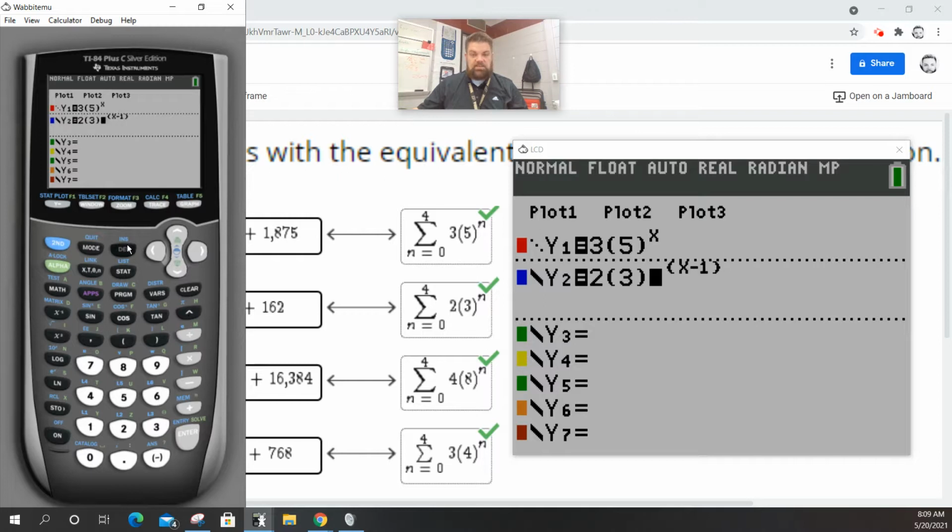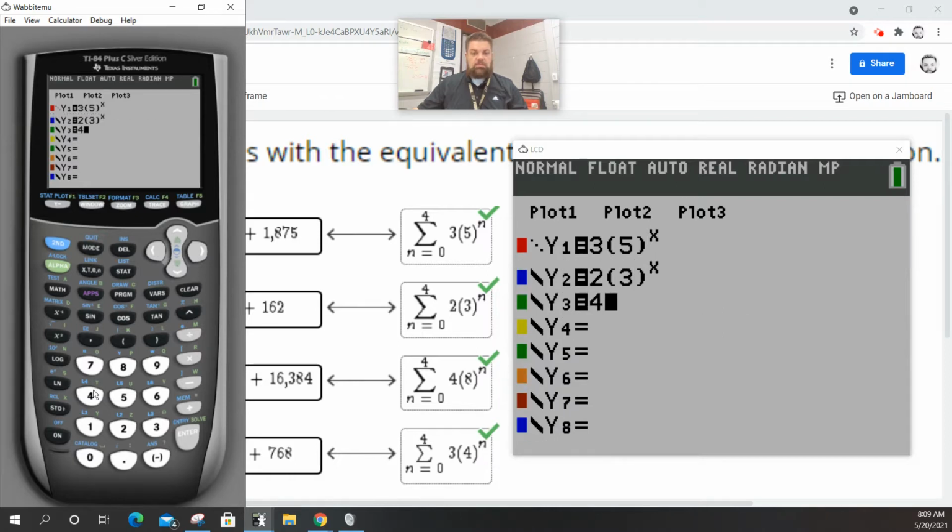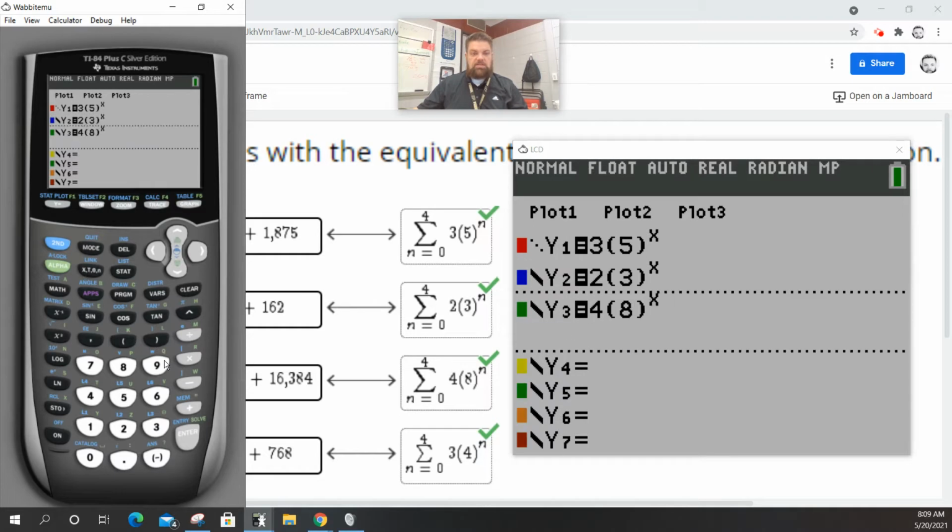Oops, I forgot to delete and clear all this stuff out. 3 raised to the x. The next one is 4 times 8 raised to the x.